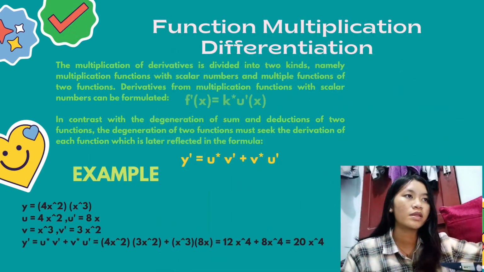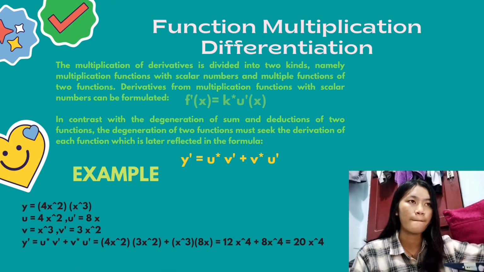Differentiation of a constant multiplied by a function. y equals k times v, where v equals g(x). Then dy per dx equals k times dv per dx.